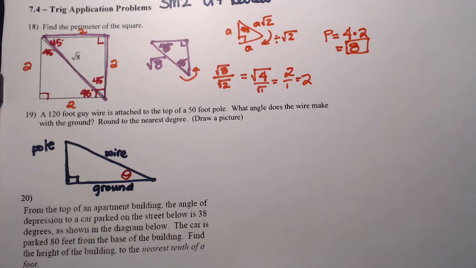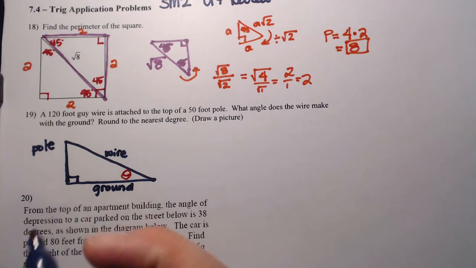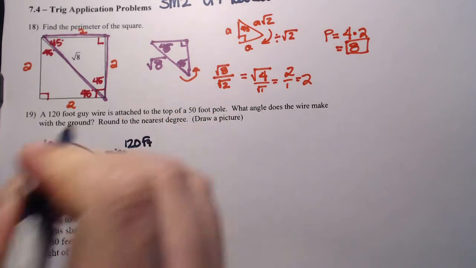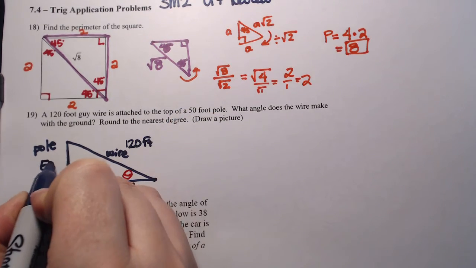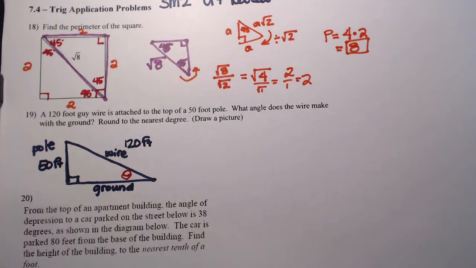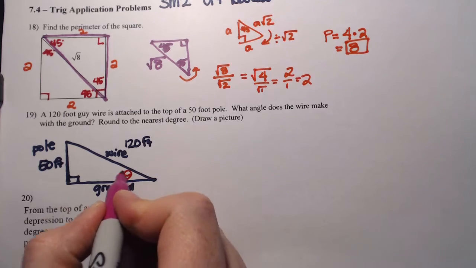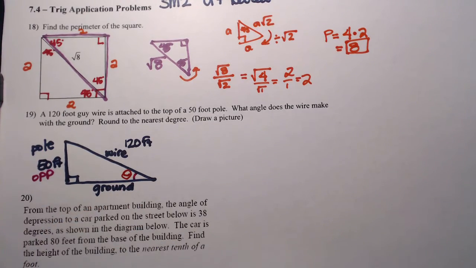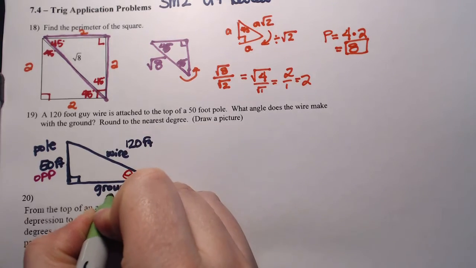Well, I have that the wire was 120 feet and the pole was 50 feet. So in relation to that angle, this is the opposite side of this angle. This is the adjacent side.